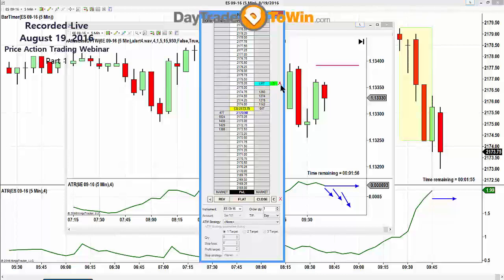Maybe 30 years ago, tape readers could analyze this and say, yeah, there's a lot of support or a lot of resistance at any of these values, but it doesn't work that way anymore. So tape reading is gone. We can't look at this and think this is actually 1,200 contracts.